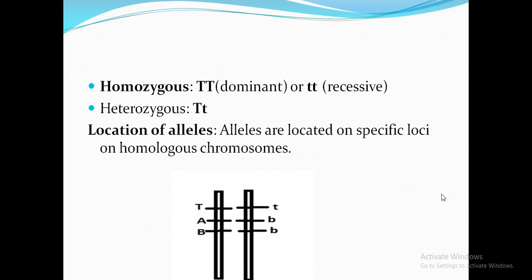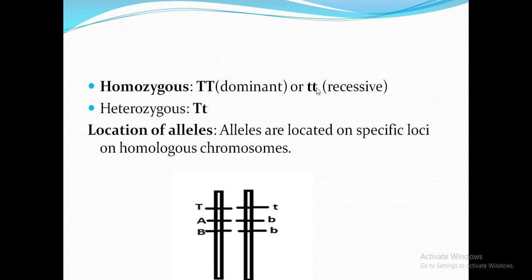When the alleles for a particular character are similar, we use the word homozygous. Here you can see the allele pair for a particular character, they are similar. Here also they are similar. Then we use the word homozygous. It may be homozygous dominant or homozygous recessive. If the allele pair contains both the dominant alleles, then we use the word homozygous dominant.